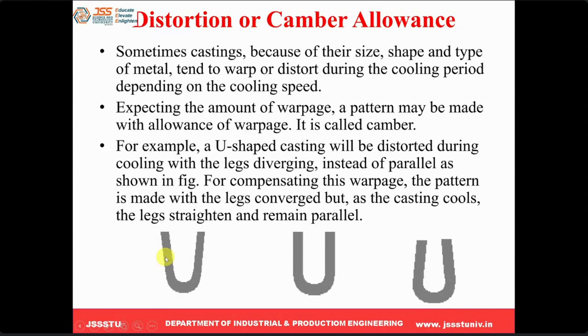See, distortion means changing its shape. When we pour the material, if you want to remove it, you need to make solidification very fast. Sometimes we make the cooling faster. When cooling is faster, shrinkage happens quickly and it will distort its shape.